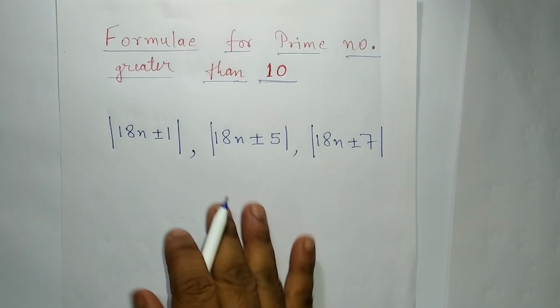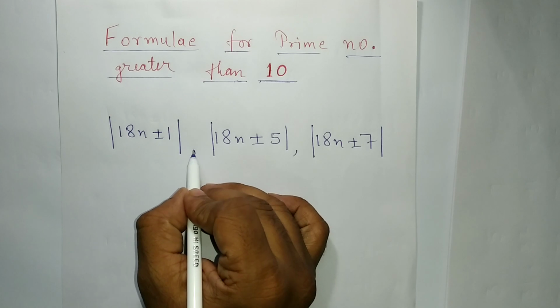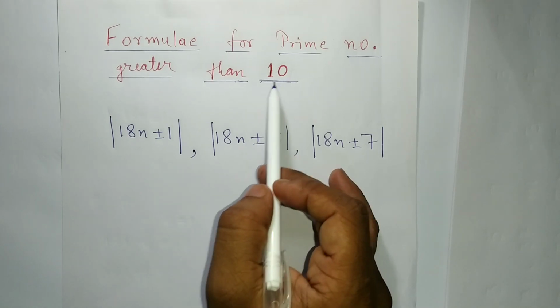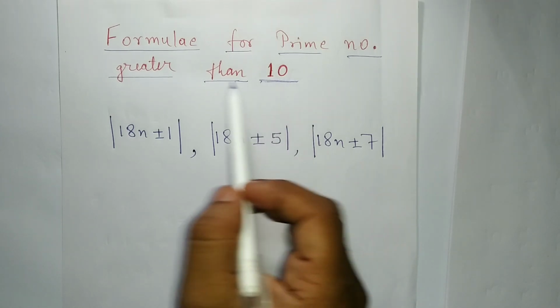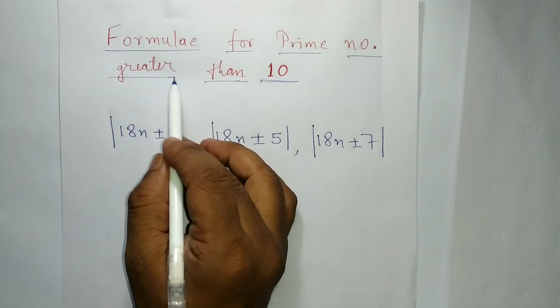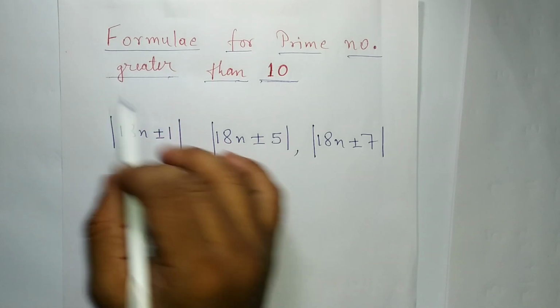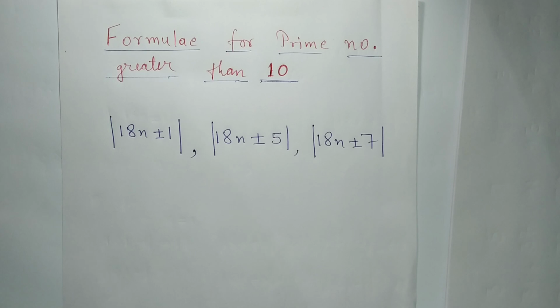Here the outcome would be greater than 10, meaning that the prime numbers we get through this formula are greater than 10.